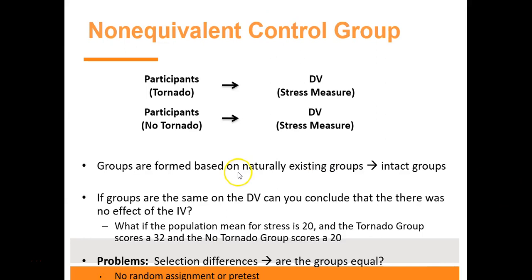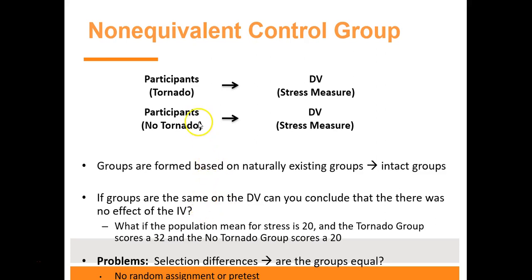So when you have a non-equivalent control group, that's what we call, again, that we have the group that we're studying, and then a non-equivalent control group or comparison group. The groups are formed on naturally existing groups, intact groups.